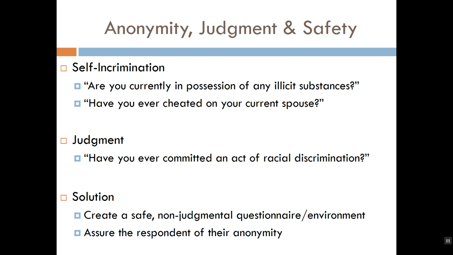So I need to ask these questions in an anonymous environment where the respondents know that their answers cannot be tracked back to them. And I need to ask these questions in a way that doesn't make them feel attacked, or again, they might lie. Remember that halo effect. It's going to play a very big role. If you asked a woman, have you ever murdered one of your unborn children? She's not going to say yes.